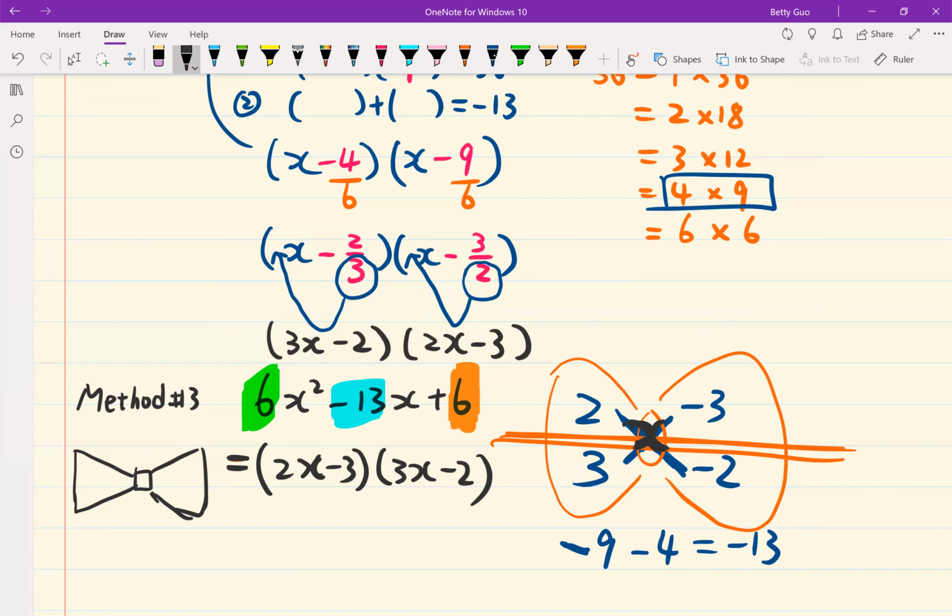This method is very fast, but grasping it requires you to have a very good feeling about numbers. My experience tells me not many students could master this method. The AC method is good, but it's slow. So I would recommend the slide divide slide method.